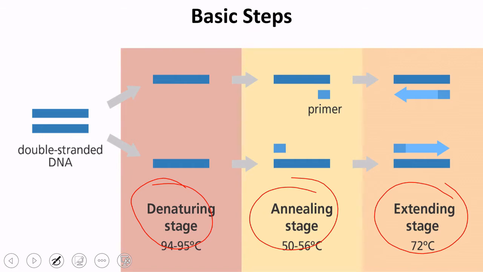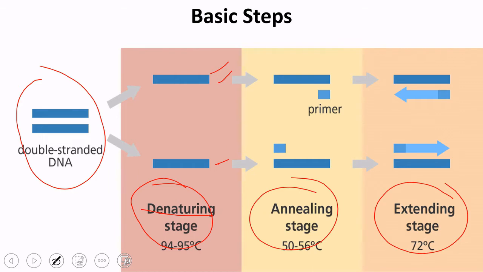In the denaturing step, we denature the DNA, so that both strands of DNA are separated by breaking the hydrogen bonds. This denaturation occurs at 94 to 95 degrees centigrade, so that all the hydrogen bonds are broken down. So we have two separate strands.